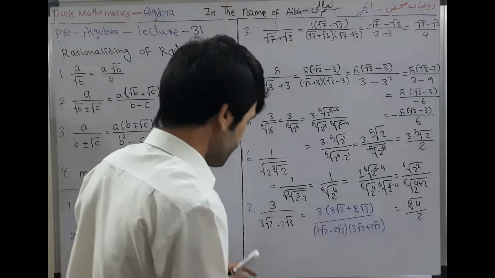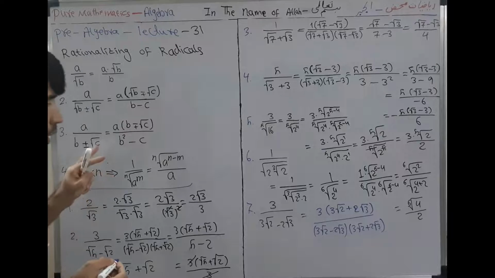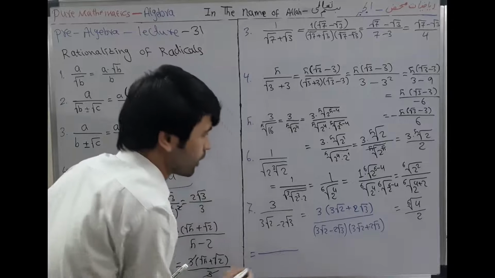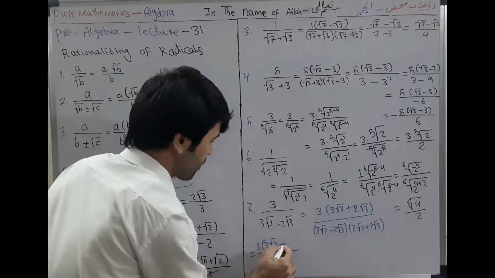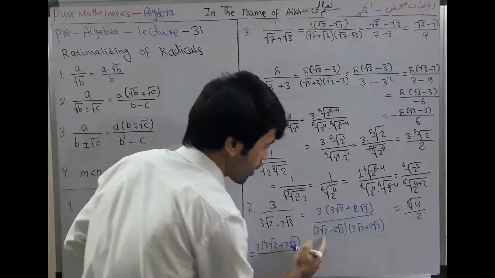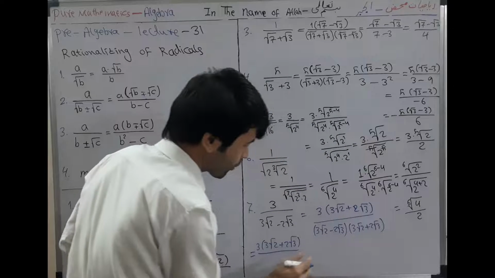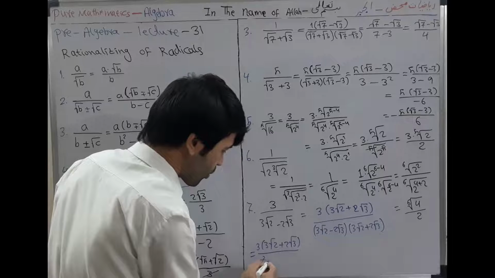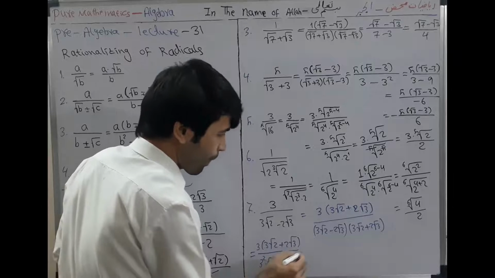Now, according to this rule, we can write here. Now we want to multiply 3 into 3 square root of 2 plus 2 into square root of 3 over 3. We have 3 square root of 2 multiplied by 3 square root of 2. We get 3 squared into square root of 2 whole squared.